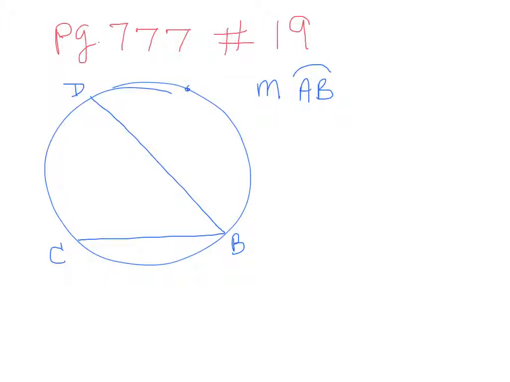This is part of the notes, yes. This is A, like that, and then like that. And they're saying that the angle inside is 2x squared. This is 2x squared. And the angle here is 10x. That is 10x.